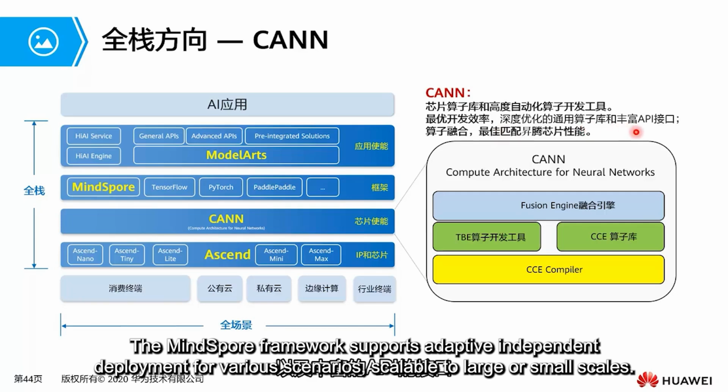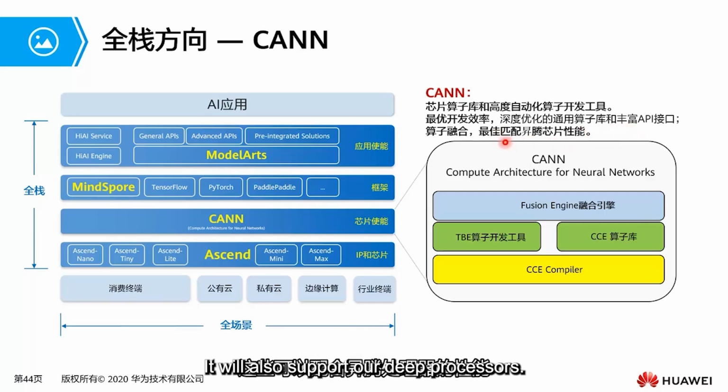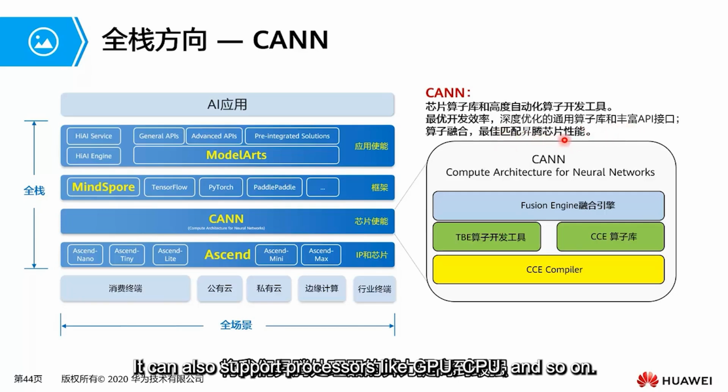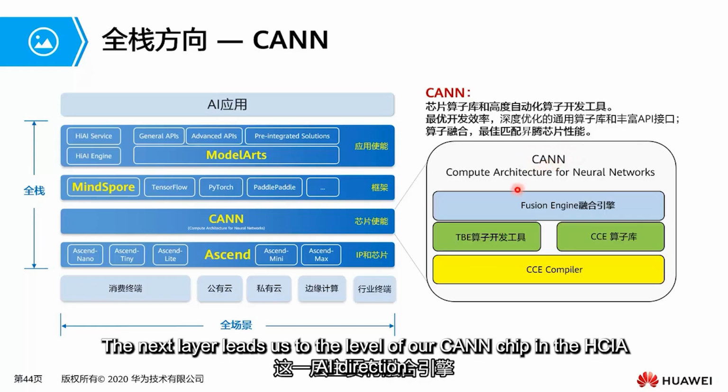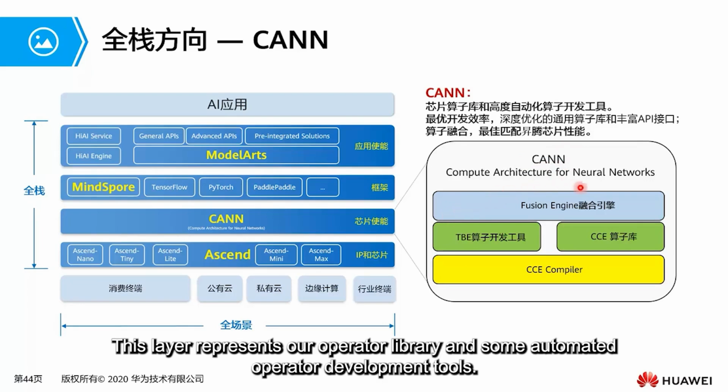By combining these, we can enhance the computing power of our deep-level chips to the maximum. Here we will see the fusion engine in the CANN layer. In addition, we have our TBE operator development tool, CCE operator library, and CCE compiler for compilation. These modules form a group.